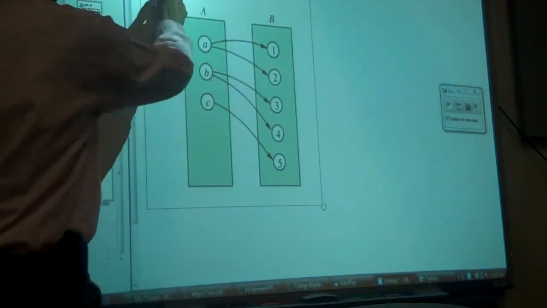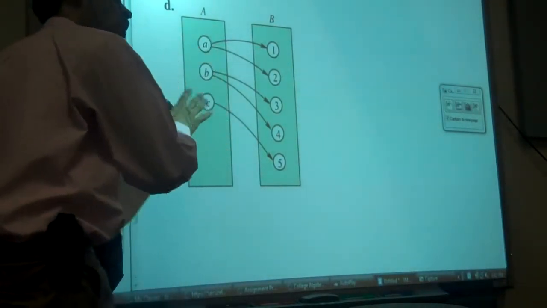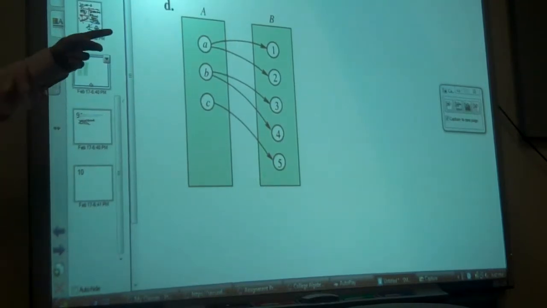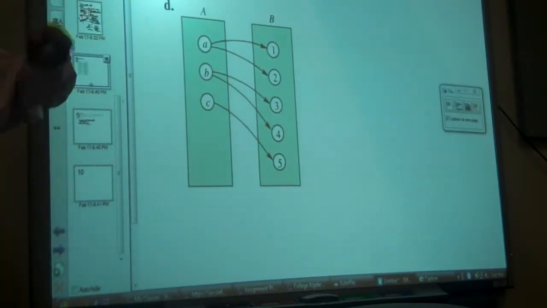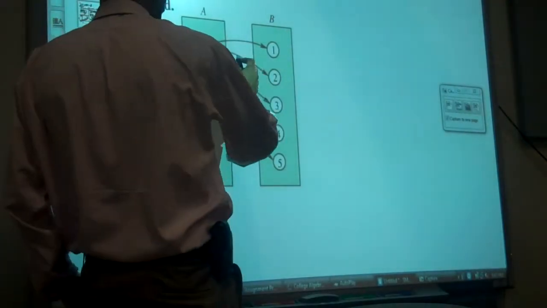How about D? They use A, B, and C, so all of them are used, so they pass that part, but they fail on the other part. A is going to two different things in B, and so does B. Can't have this.